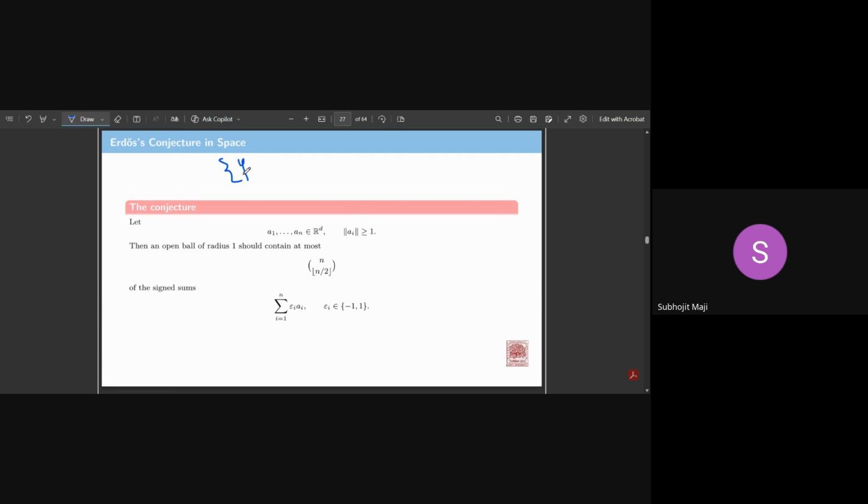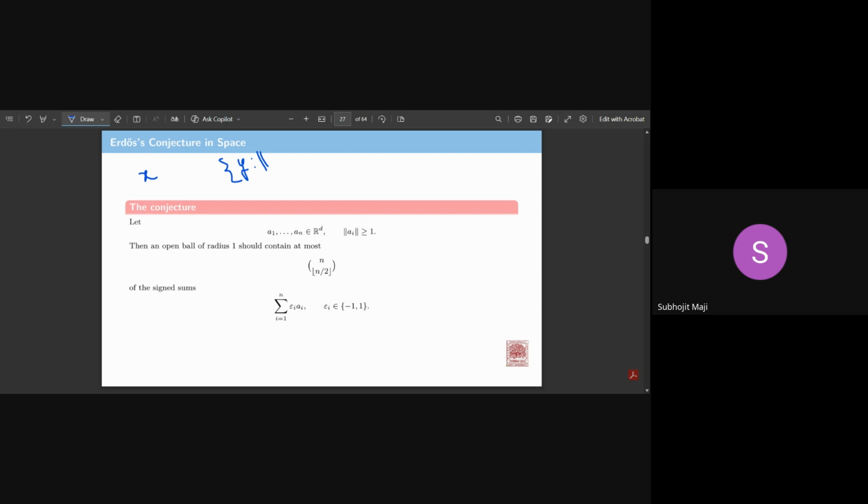So you choose a point first of all, say x, and then you want to calculate an open ball about this region. We defined the length of a vector, right?